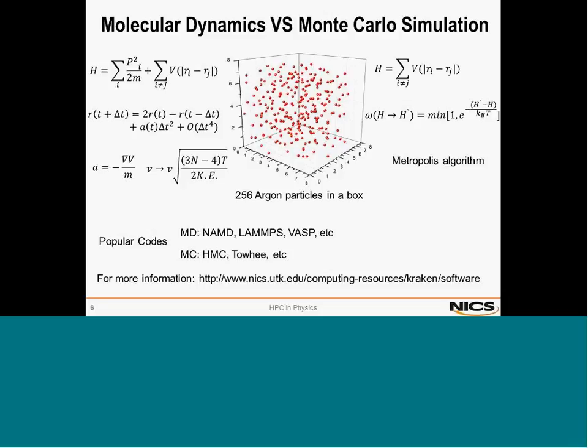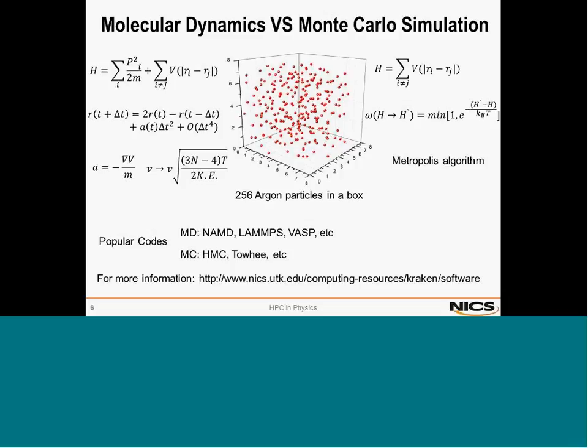And there's a lot of popular community code you can use if you just want to get started and see how it runs. For example, for MD, as I showed you before, there's NAMD, MD code for biophysics, and LAMMPS, MD code for solid state physics, and VASP, which is ab initio molecular dynamics.